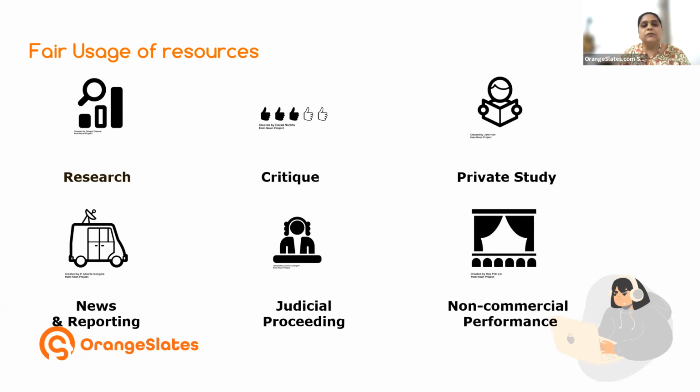Again, one of the most important aspects of fair usage is that it should be non-commercial. You cannot take somebody's artwork, print it and sell it, or use somebody's written work in your book and use it commercially. So that is one area which you should not do.